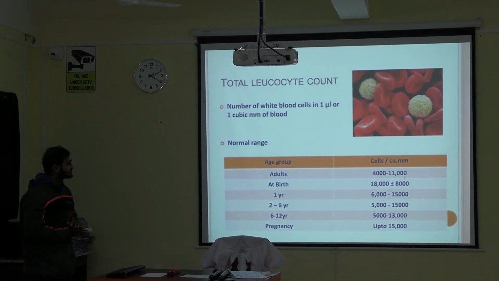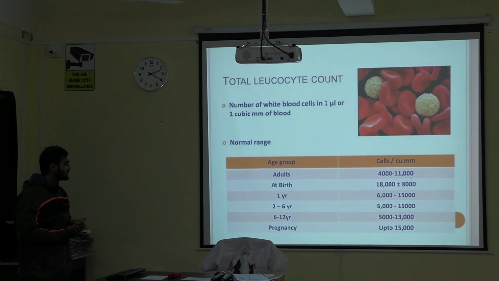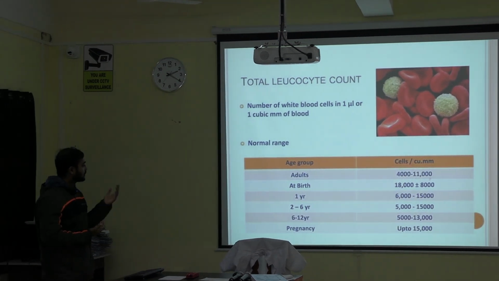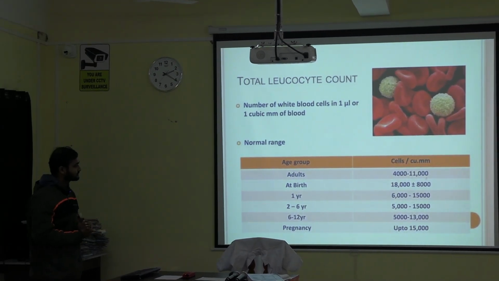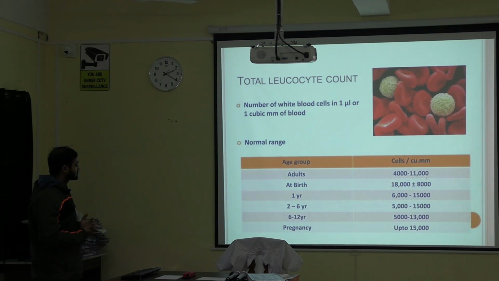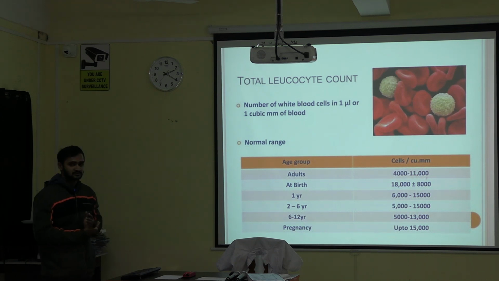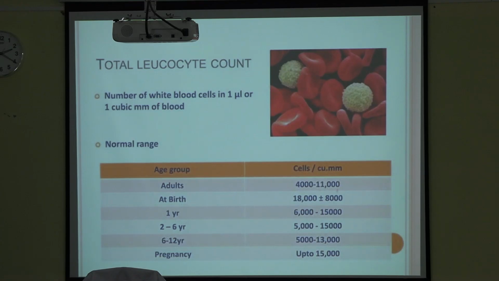At birth it is 18,000, it can be plus minus 8,000. Till 1 year it is 6,000 to 15,000. For 2 to 6 years it is 5,000 to 15,000. In 6 to 12 years of age it is 5,000 to 13,000. And in pregnancy it is up to 15,000. So you also have to know the normal range at the different ages.